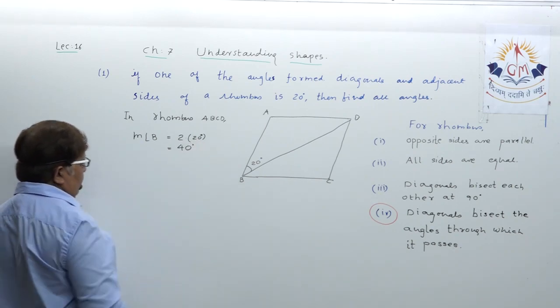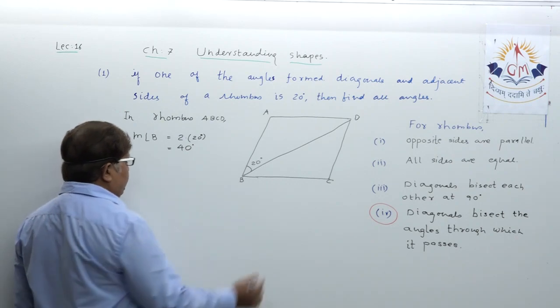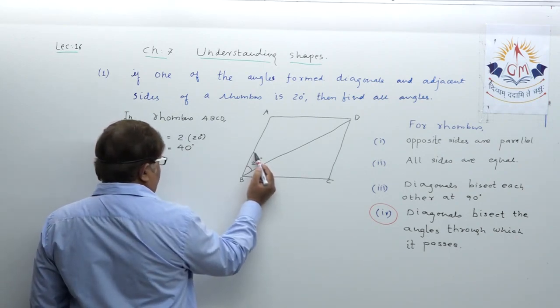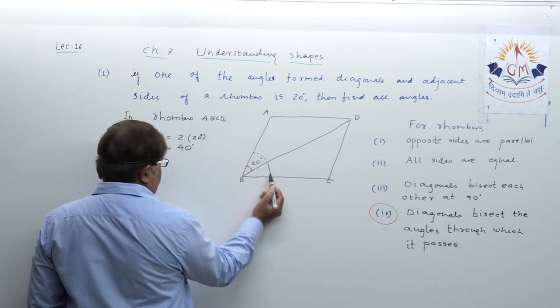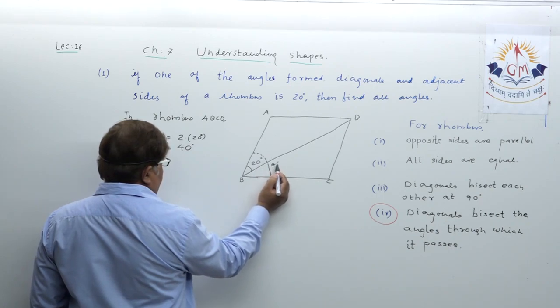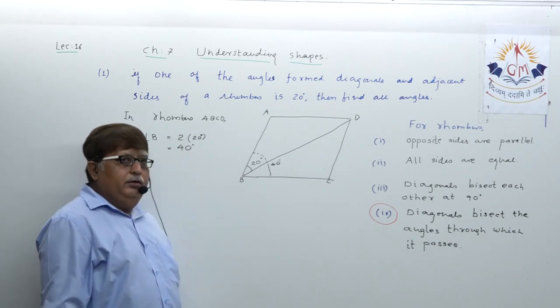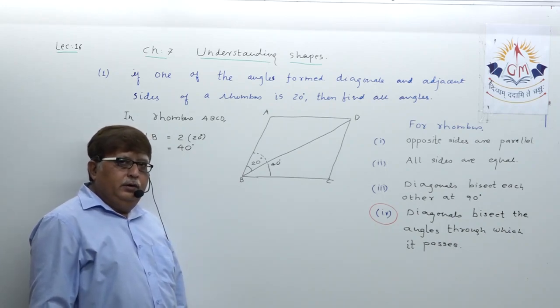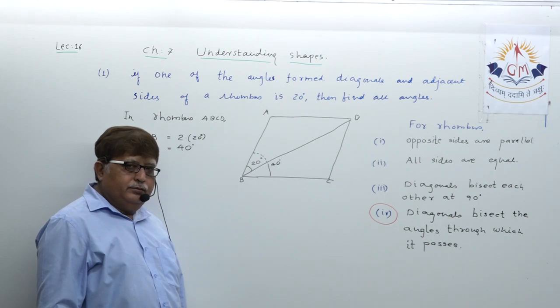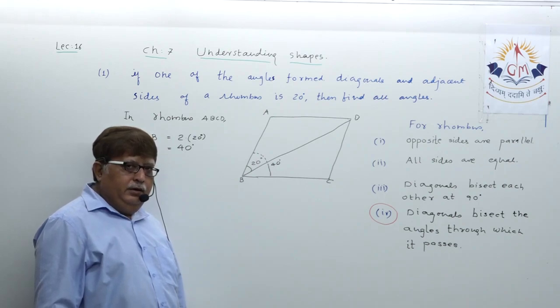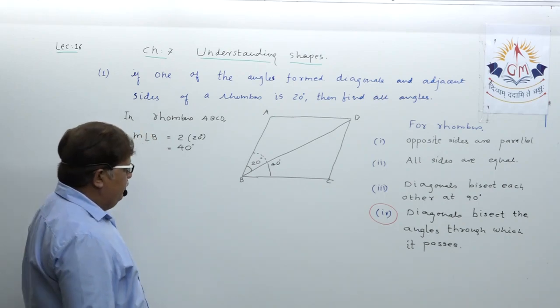Okay, so you got angle B first. Angle B is 40 degrees now. Is it clear? Because diagonals bisect the angle through which they pass.